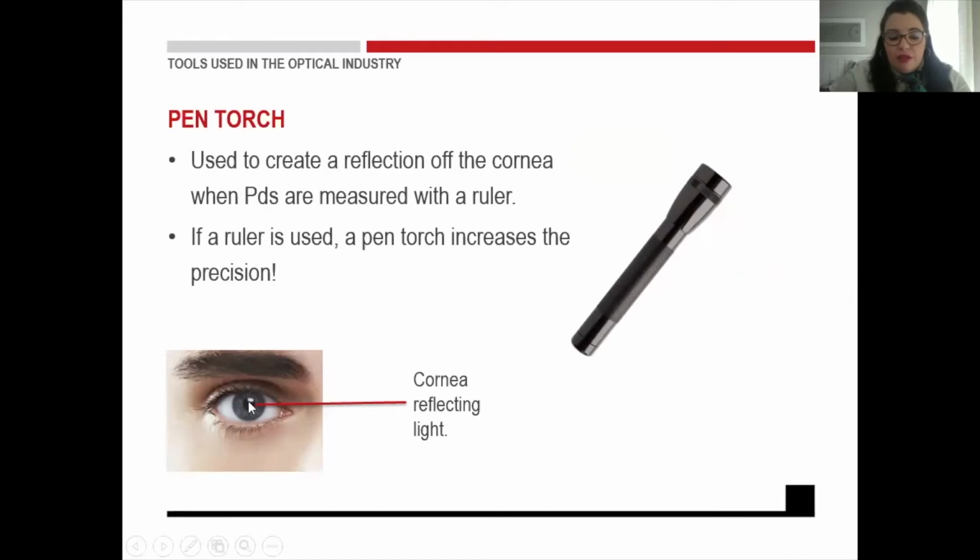And that is a very good reference point if you are taking a PD measurement, because sometimes the pupil is very dark, the iris is very dark, you can't see the pupil, so some people prefer to do it that way.